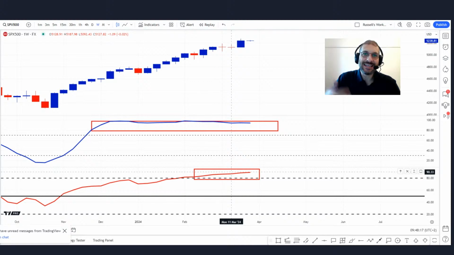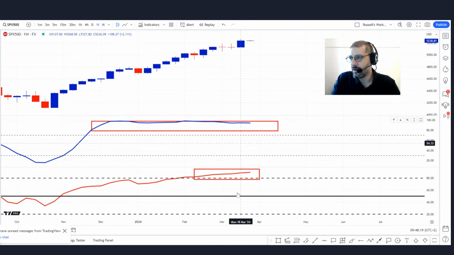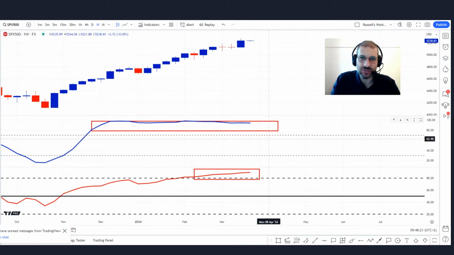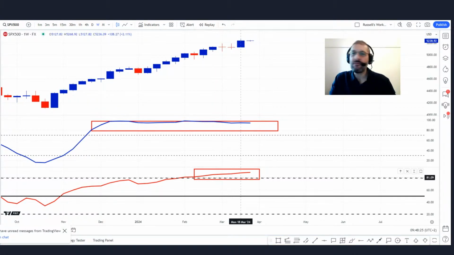But that's an if scenario. At the moment, the momentum is just too strong to be taking a contra position here, even though we are overbought. So I just wanted to show you the S&P 500 momentum is very, very strong.